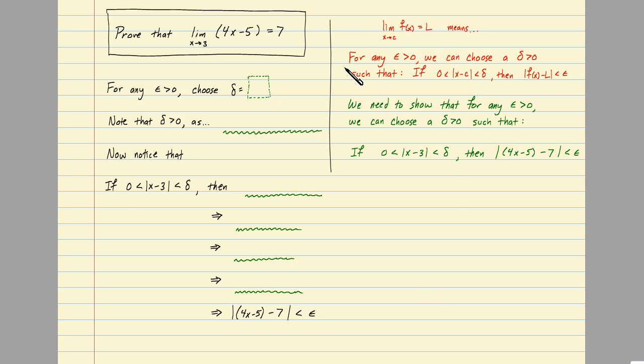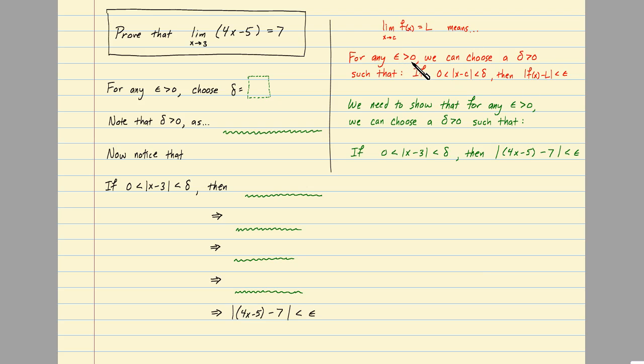First off, in red we have the epsilon delta definition of a limit, which says, and this should be familiar, the limit as x approaches c of some function f of x is equal to L if and only if we have this right here.